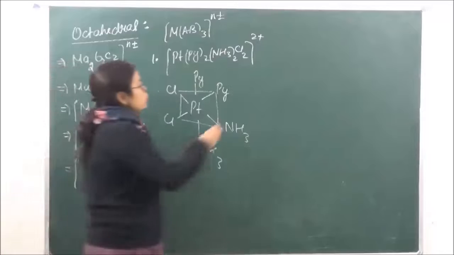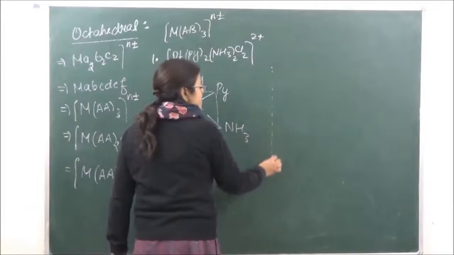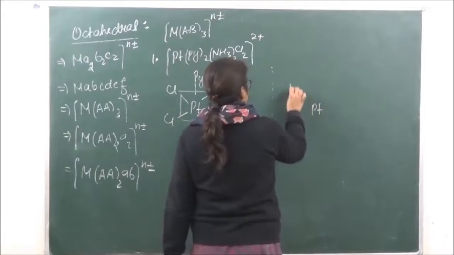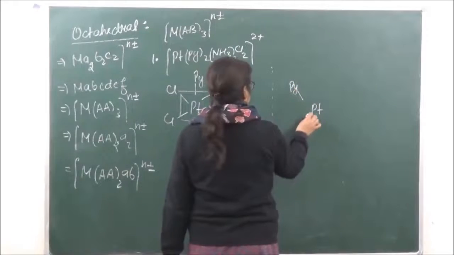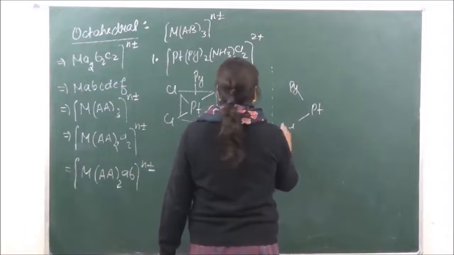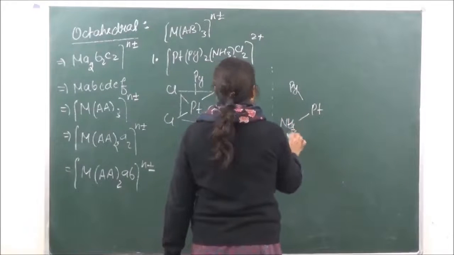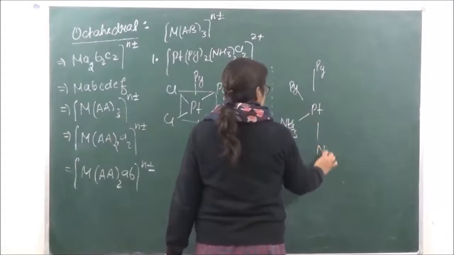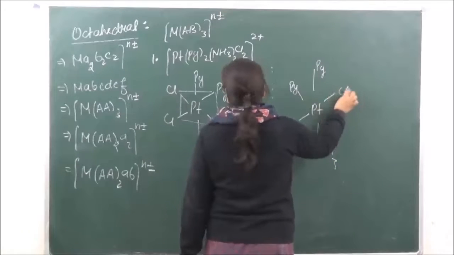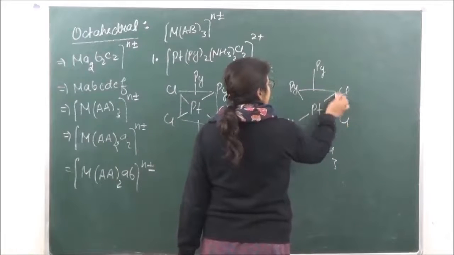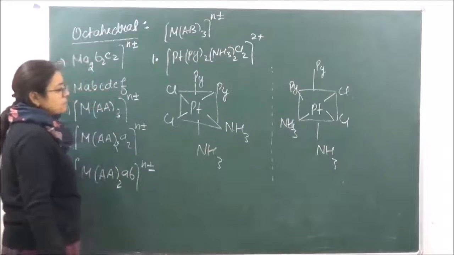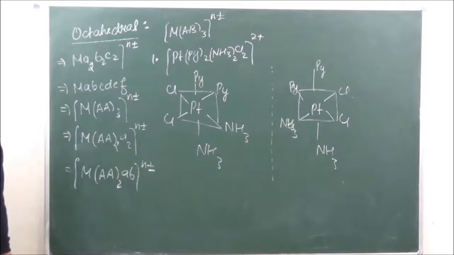Now when we draw its mirror image, what is going to be the mirror image? We have platinum, pyridine, NH3, pyridine, NH3, chlorine and chlorine. What is happening in this case?